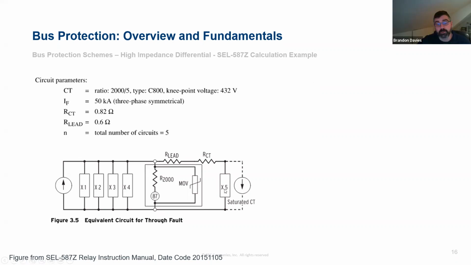And then X5 over here would be the CT that we're assuming is fully saturated, so it's got 0 amps of current being generated by that CT. This is our faulted CT over here, the one feeding the external fault.